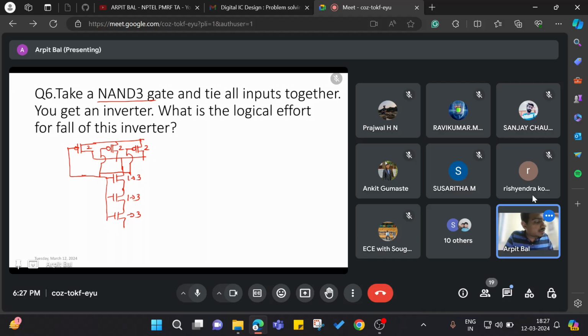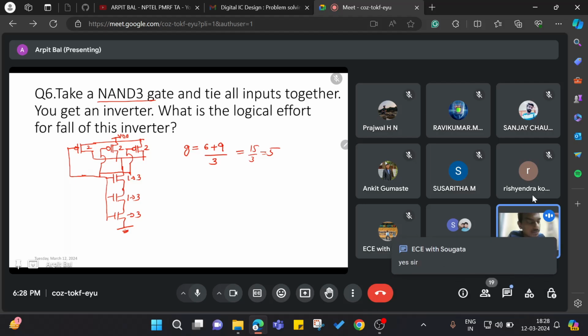So we have G equals 6 plus 9 by 3, that is 15 by 3, that is 5. Is everyone clear with this? And again, because it is unskewed, the logical effort for fall of this inverter will be the same as the rise.